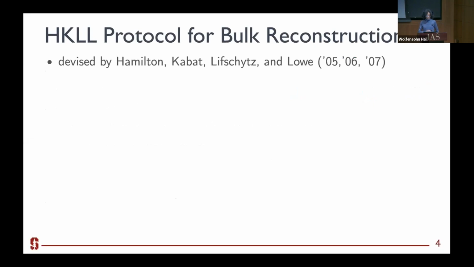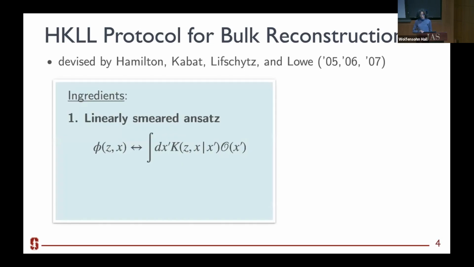Okay, so what is HKLL? HKLL stands for the initials of the authors of the original seminal papers that were published from 2005 to 2007. In particular, it's a bulk reconstruction protocol that writes bulk operators as a linear superposition of boundary operators within the causal wedge.